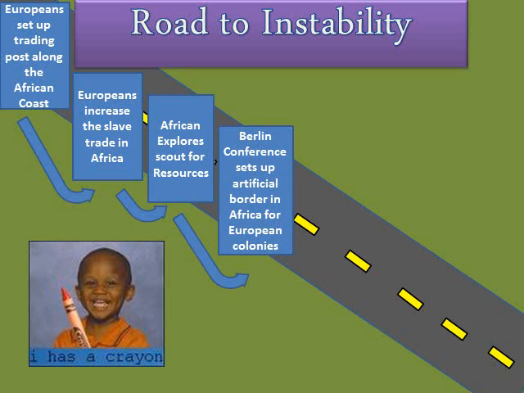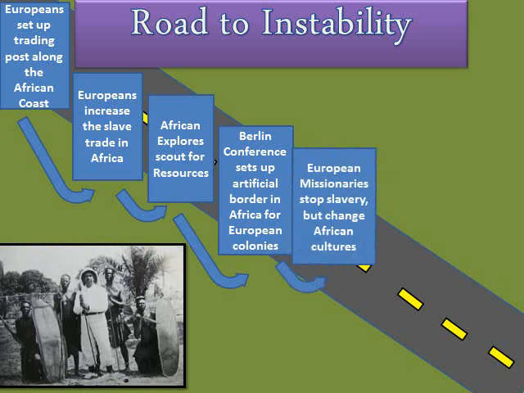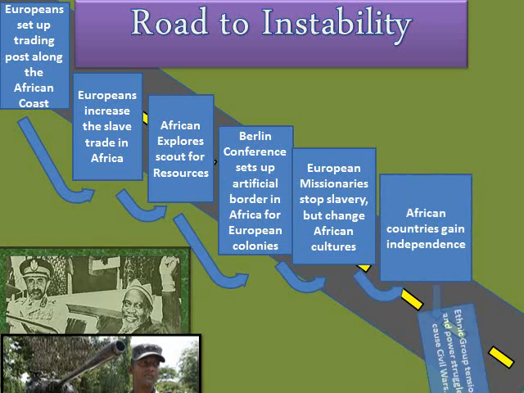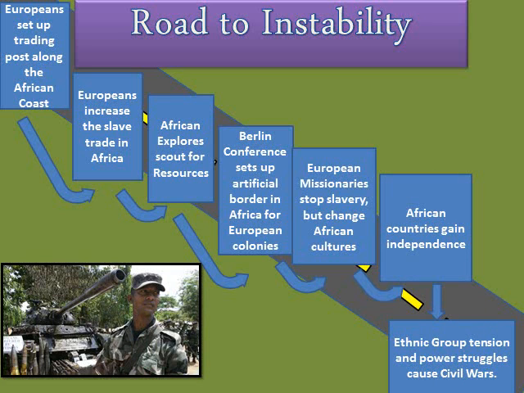The Berlin Conference set up artificial borders in Africa for European colonies. European missionaries stopped slavery but changed the African culture. African countries then gained their independence, and that led to ethnic group tension and power struggles, which caused civil wars.